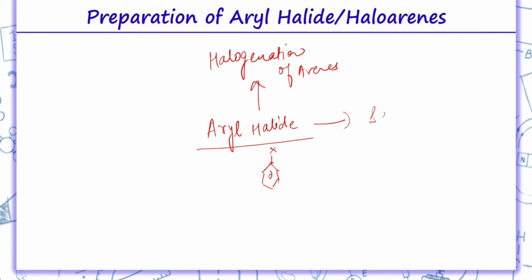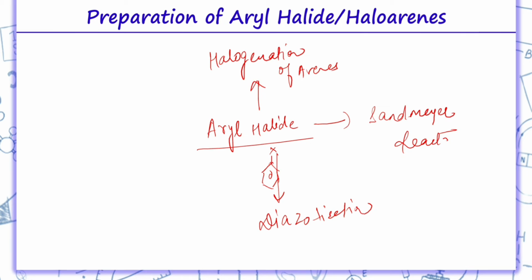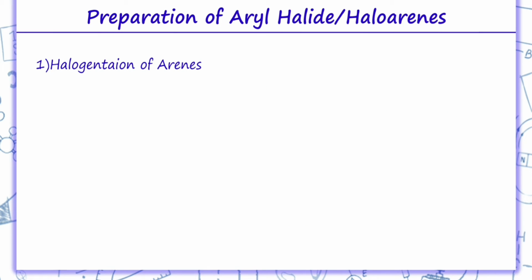Second is Sandmeyer reaction. Third is diazotization. And fourth is Schiemann reaction. In this Schiemann reaction we can only prepare fluorobenzene.